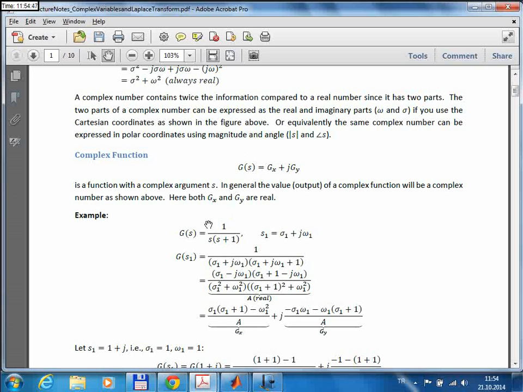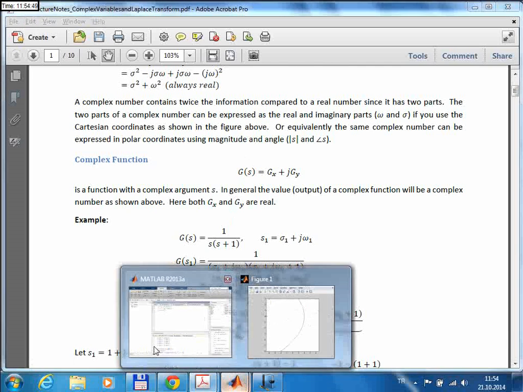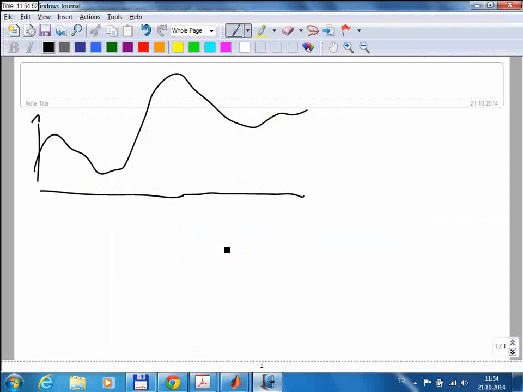For example, if you have a function like s squared plus 2s plus 1, this is a polynomial function in s. If s is a real number, then it's a real valued function. But if s can be a complex number, then this becomes a complex function.